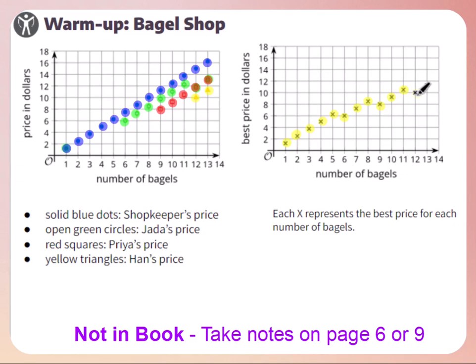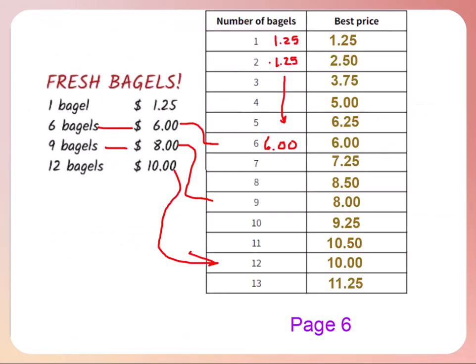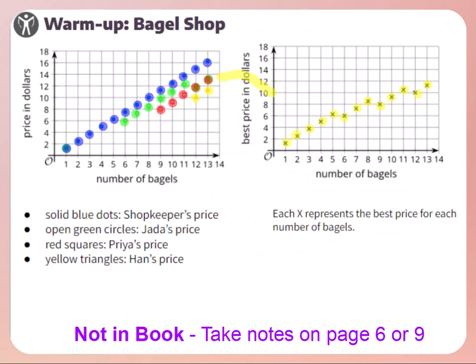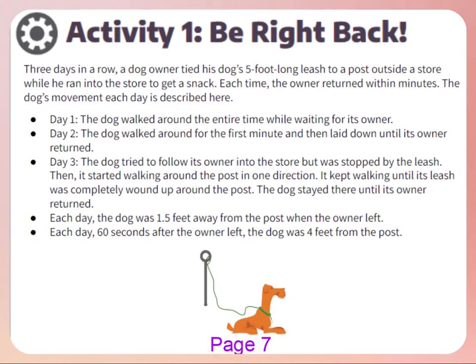Don't worry too much about what this is doing. Just understand how we got from here to here because I'm looking for the lowest price. It tends to be trending in a linear fashion, but when we get to certain amounts, for example, 6, 9, and 12, if we buy that many bagels, we can get a discount so it drops down. Let's look at activity number 1 on page 7.